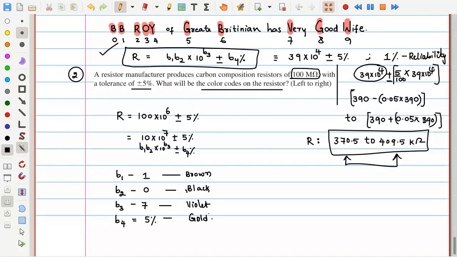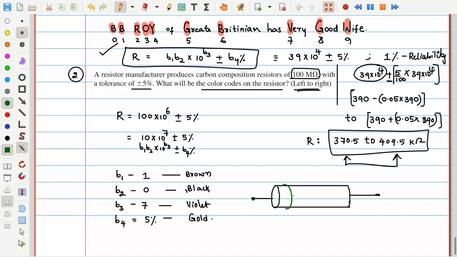So these will be the resistor colors on the carbon composition resistor. The manufacturer should print these colors on the resistor from left to right, which you should remember. If I have a resistor, something like this, I don't have that many colors here, but just anyhow, let me put some colors this way.